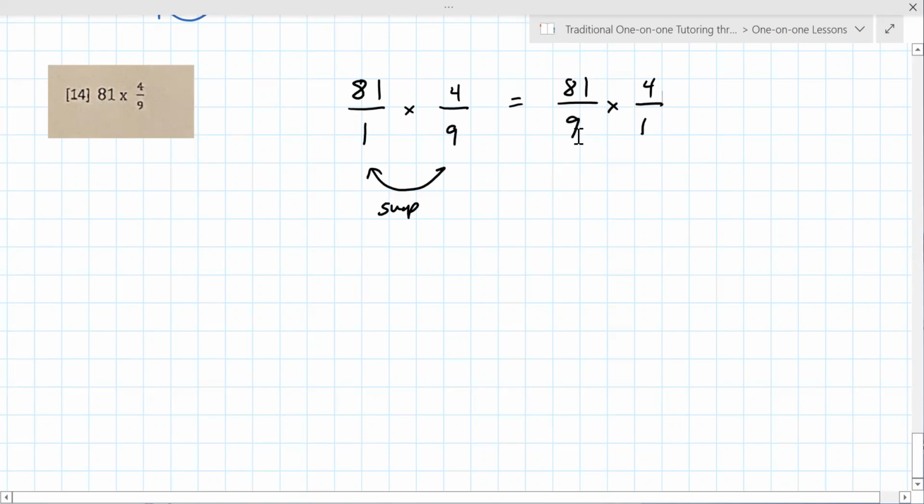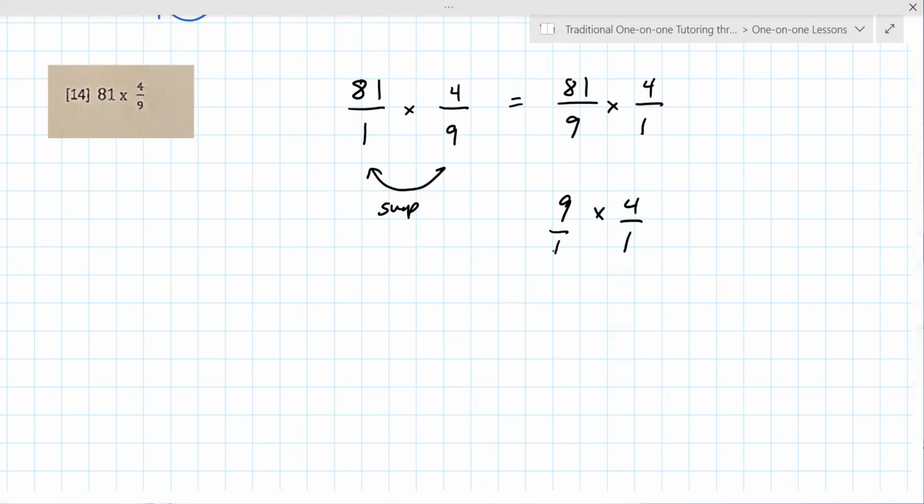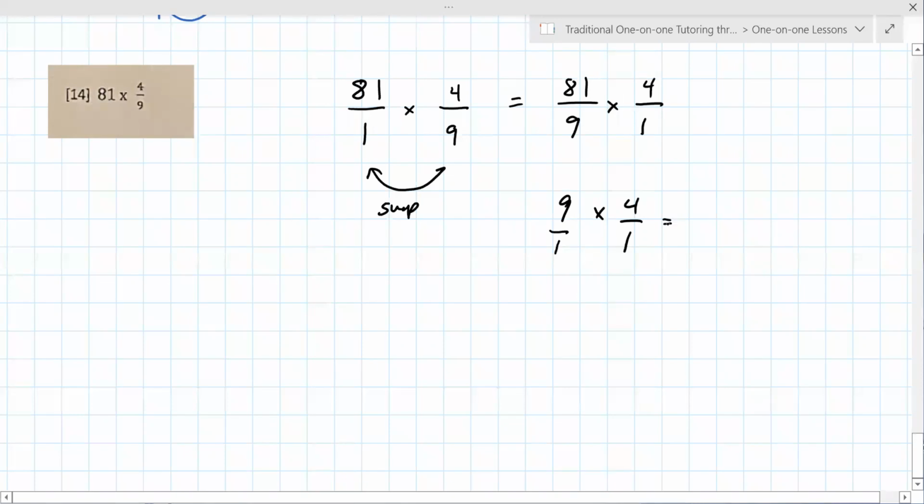That's 9. So you have 9 times 4/1. You can write the 9 as a fraction. What is 9 times 4? 36/1. Good.